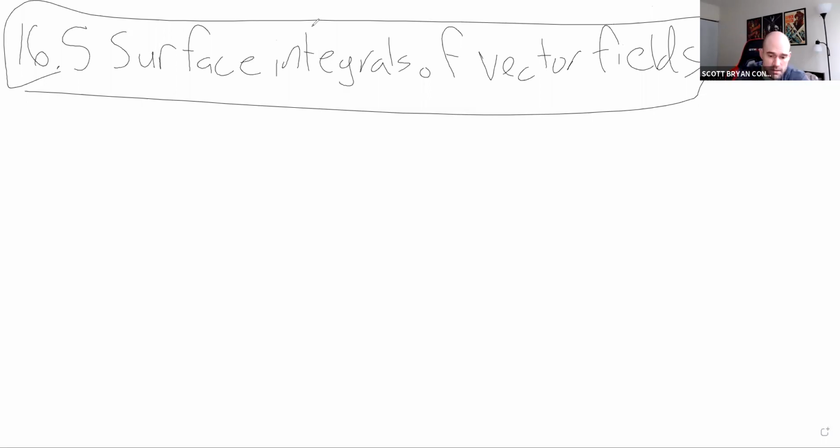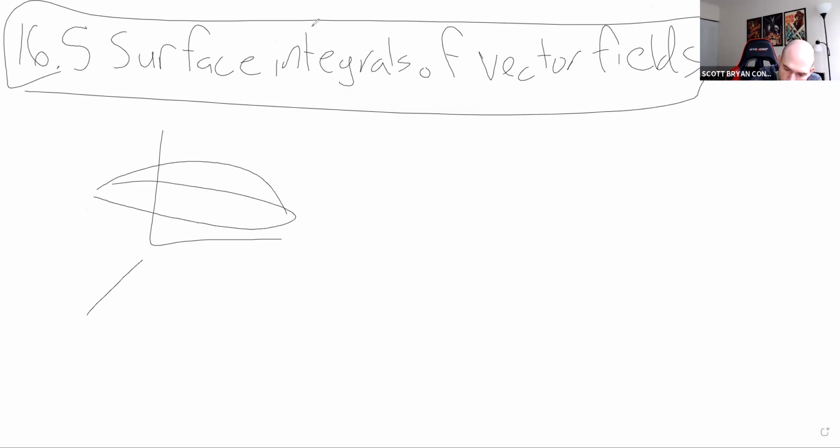So if we have some surface, say some beautiful surface S, and we have a vector field, think of it as a velocity vector field, perhaps. We can look at the rate of flow of fluid across this surface.